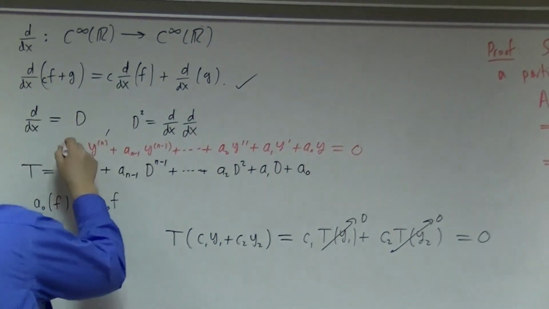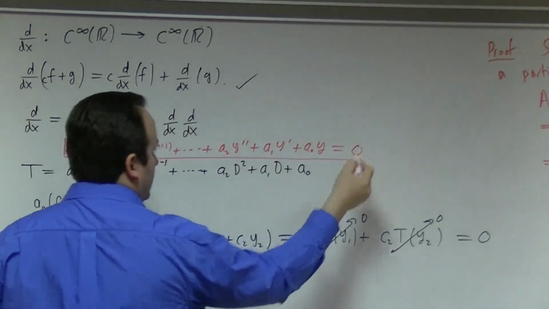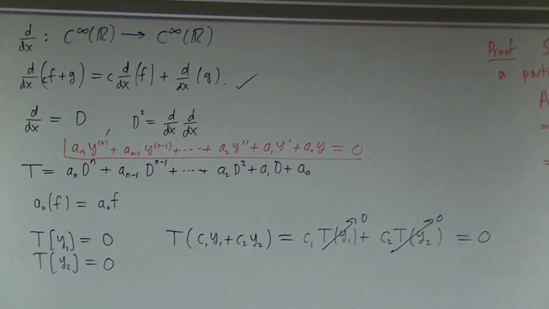This is the constant coefficient nth order homogeneous problem. And I've just showed you that the sum of solutions is once more a solution. The reason for that is because you can write the differential equation as a linear transformation acting on a function.